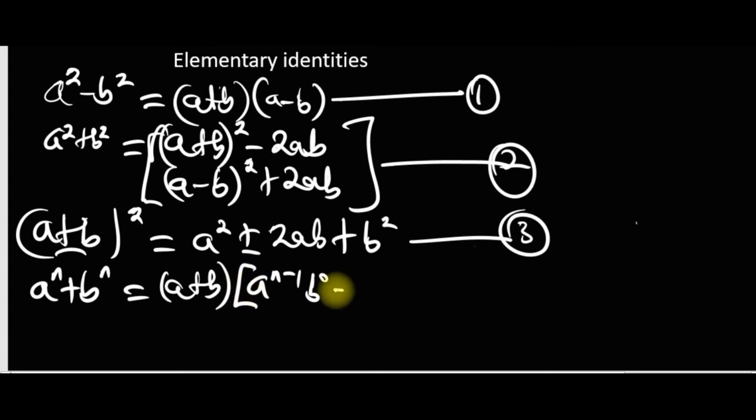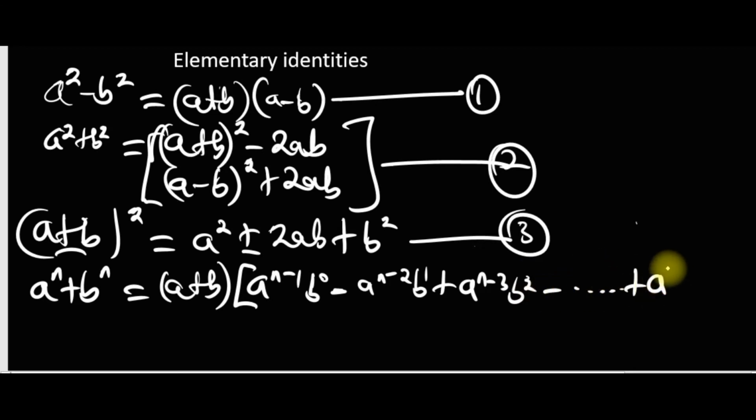This is plus minus a n minus 2, b will increase by 1, plus a n minus 3 b. So that's how it will go till we get to a raised to power 0. A will decrease to 0, while b will increase to n minus 1.